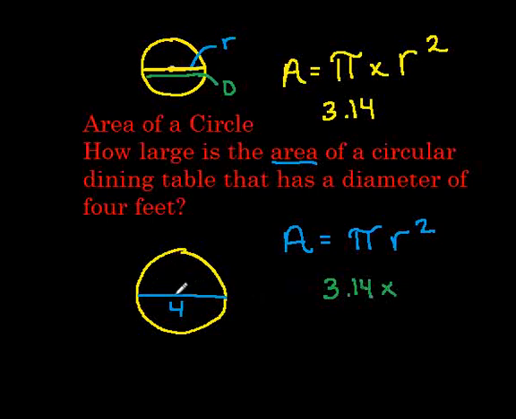I know my diameter, so the radius is half of the diameter. If I divide 4 by 2, I get 2, so this radius is 2, and another radius would also be 2, because 2 plus 2 is 4. I only need one radius, so we write 2, and we're going to square it. So we'll put 2 squared.